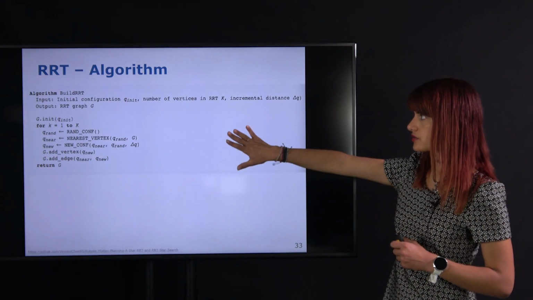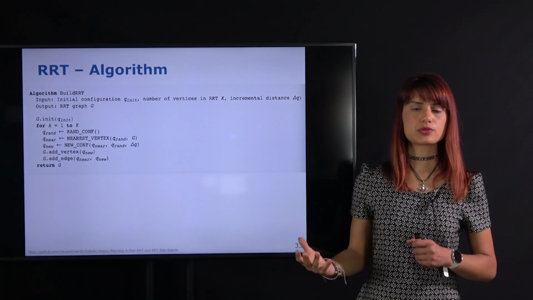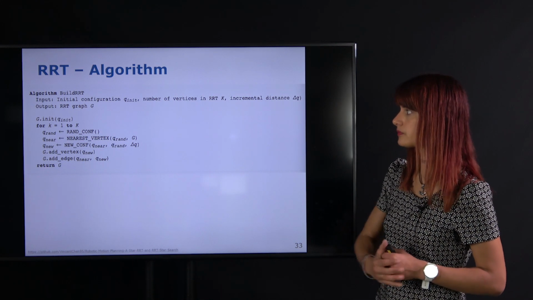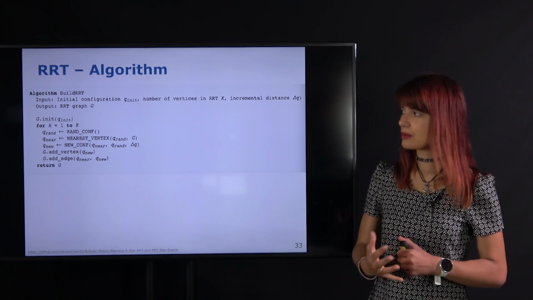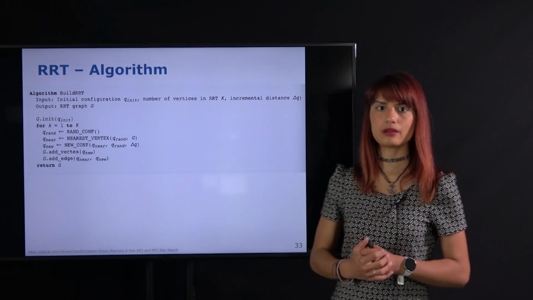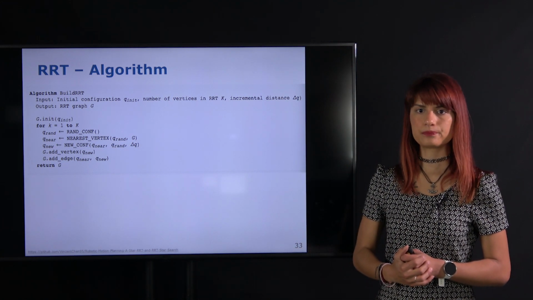So here is a pseudocode algorithm for the RRT, and we're going to go through the steps conceptually to see how it works in practice if we want to implement it. So here we already see some of the familiar steps in terms of sampling and connection, and we now go through an example to illustrate how they work in this particular case for the RRT algorithm.